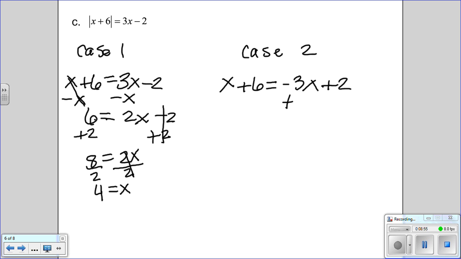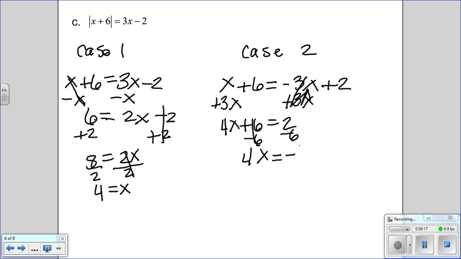This time I'm going to start by adding 3x on both sides. x plus 3x is 4x. 4x plus 6 equals, these are canceling out here, and I just have 2 left on the right side. Let's subtract 6 on both sides. 4x now equals negative 4.